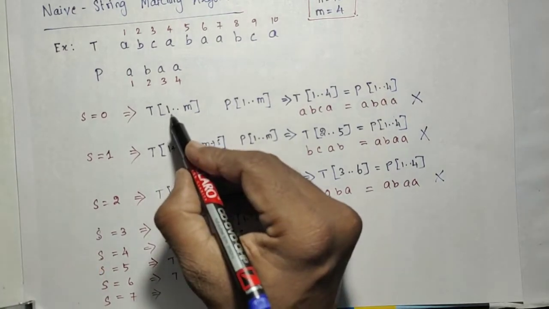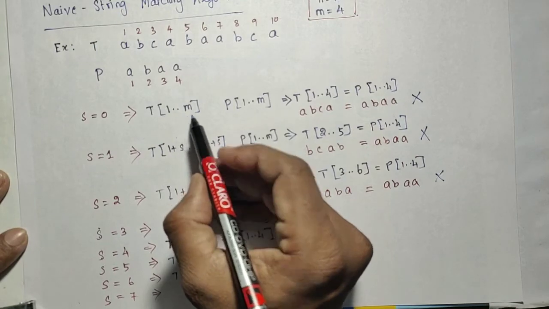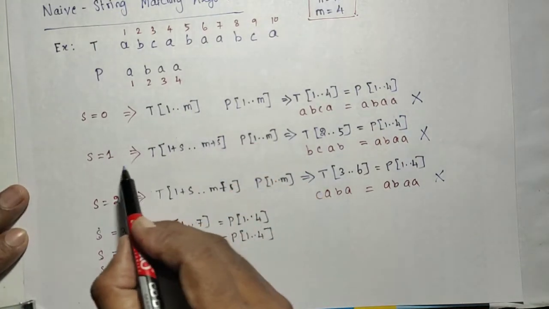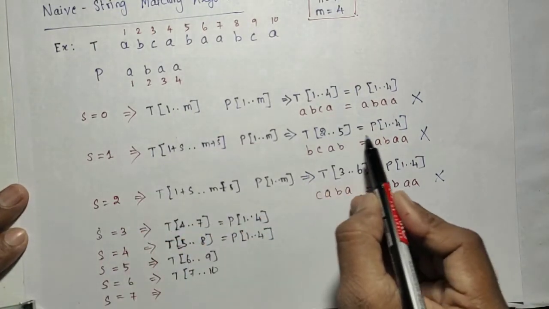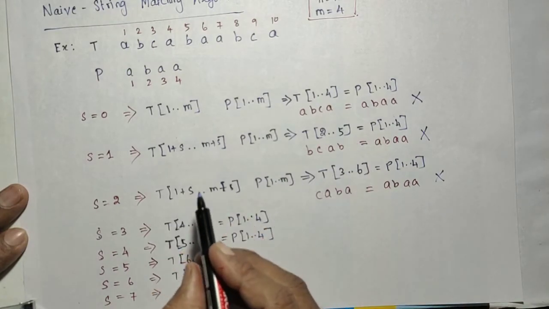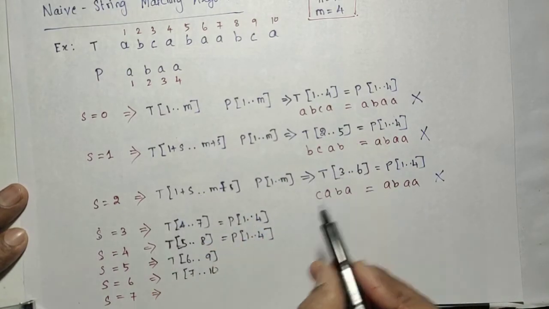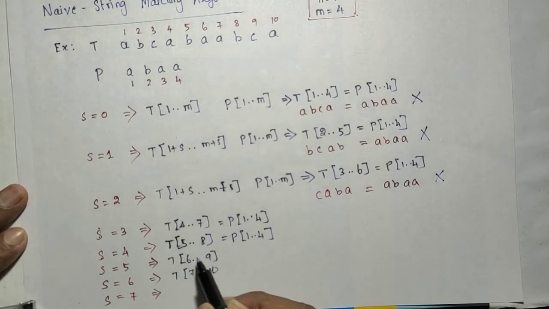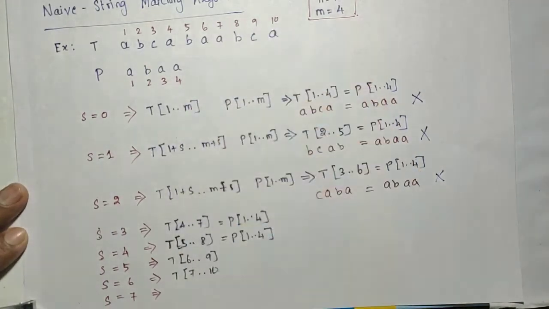So 1 to m, 0th iteration 1 to m. Again in this iteration 2 to 5, and here 3 to 6, 4 to 7, 5 to 8, 6 to 9, and 7 to 10, the last 4 characters. So when s equal to 7, we should not what?